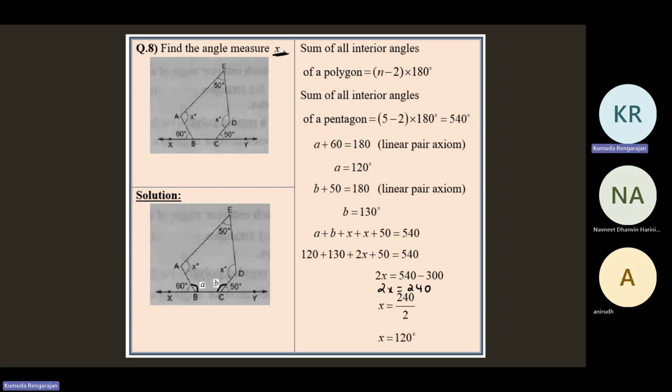So what is new for you is that in a triangle, you know the sum of the 3 angles is 180 degrees. In a quadrilateral, you know the sum of the 4 angles is 360 degrees. Now this one is a pentagon. You need to find, using the formula (n minus 2) into 180 degrees, the sum of all the 5 angles here, and it is 540.